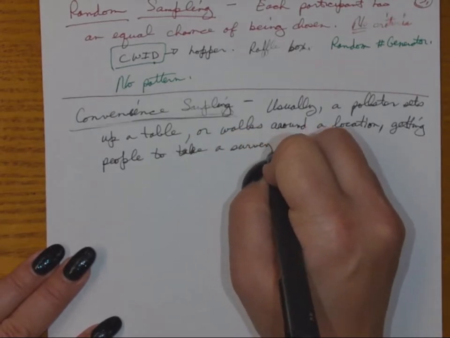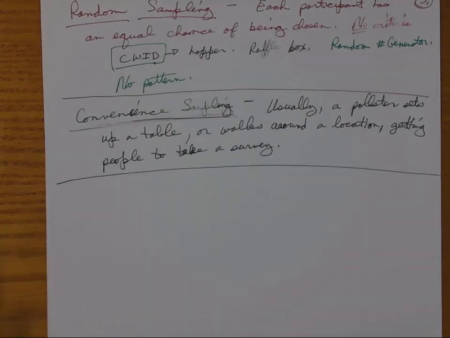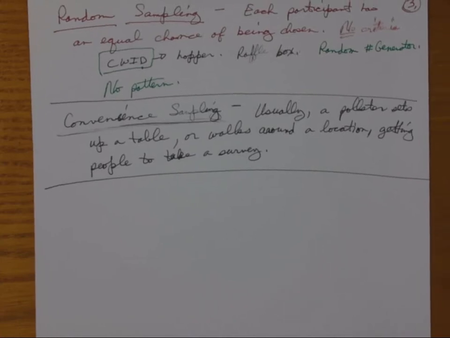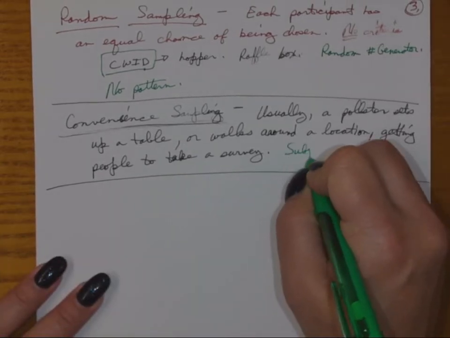So this would be like when we set up our table outside the cafeteria to find out what everybody's favorite color is. It's very convenient for us to just set up our table and have all those people come to me, right? So the subjects come to me. That's nice.